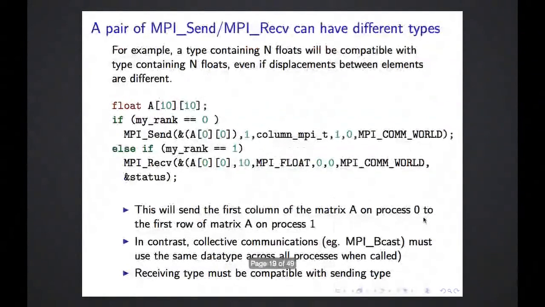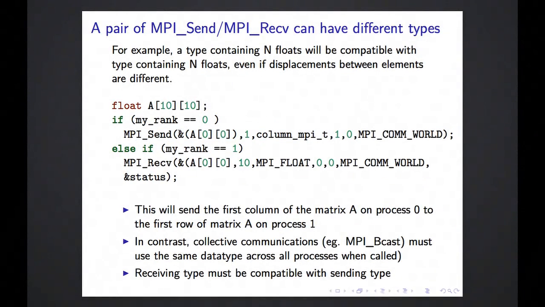One important point: whenever you have MPI send and MPI receive, you don't have to have the same type on both ends. Let's say you want to do a transpose. You want to send a column from process 0, and at the receiving end you want to store this as a row. You can certainly do this.